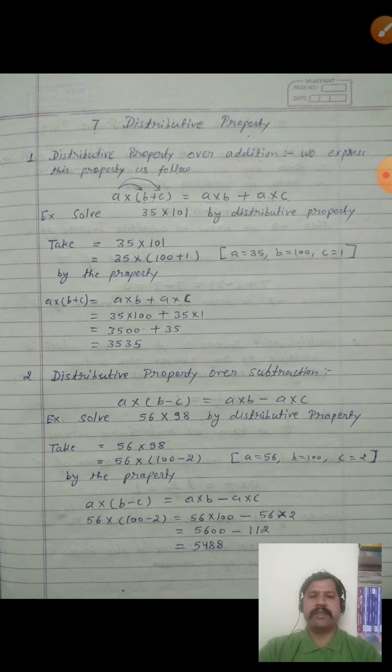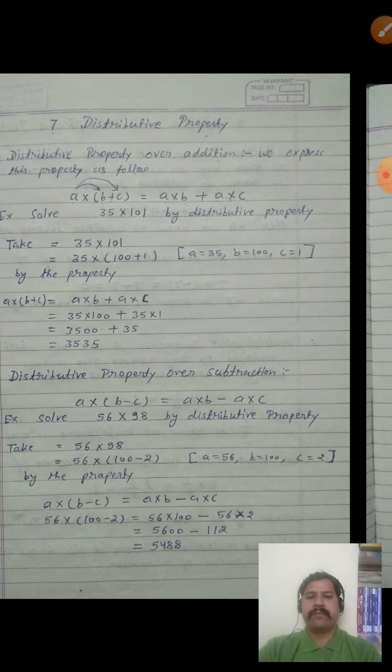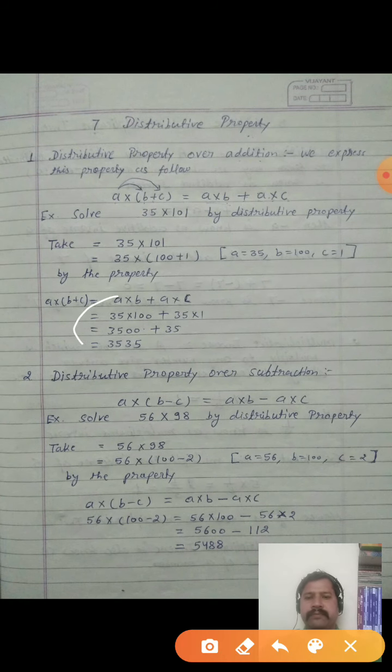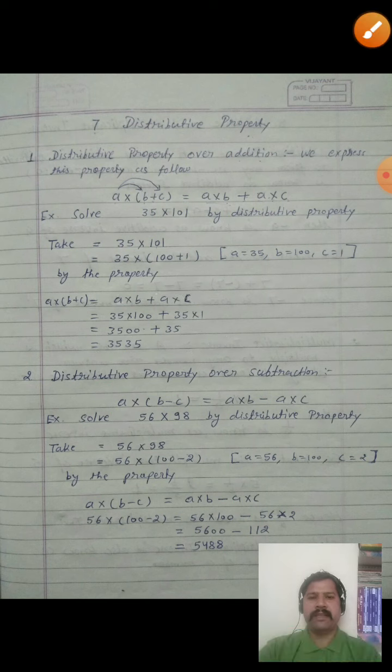So we find that 35 into 100 plus 35 into 1, and simplify this expression, and finally we get the answer 35. Okay, so it is the first type of distributive property.